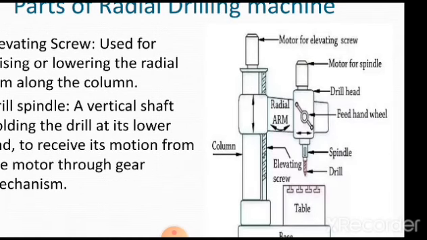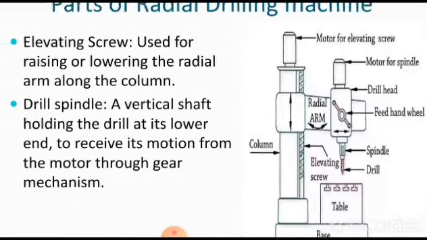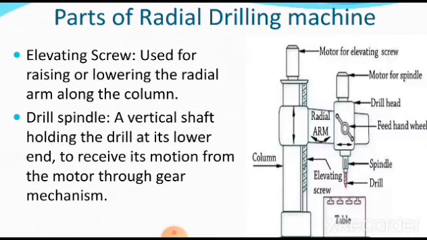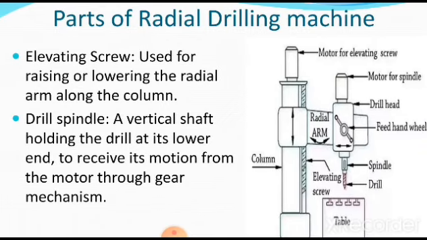One which gives a motion in a vertical direction. So that is called an elevating screw, used for raising or lowering the radial arm along the column.